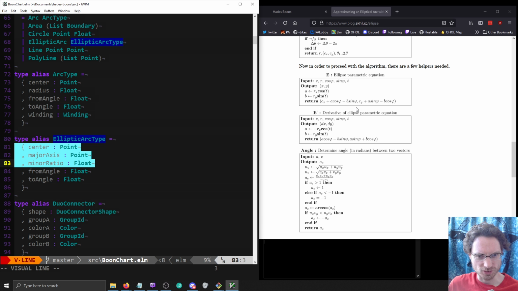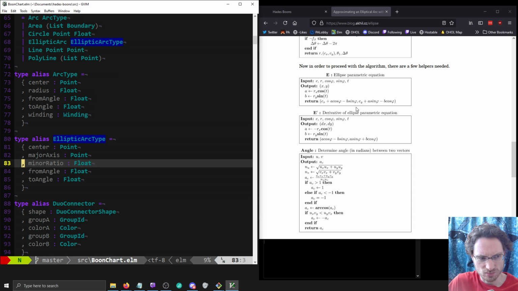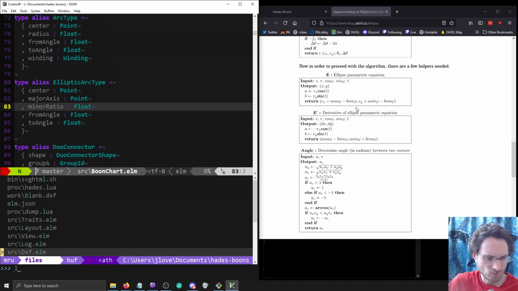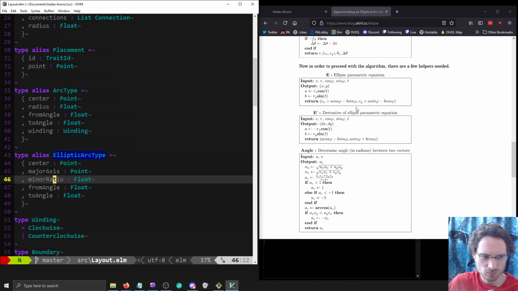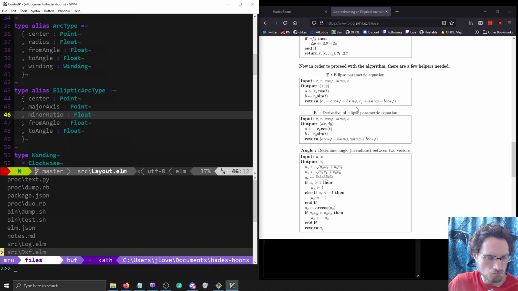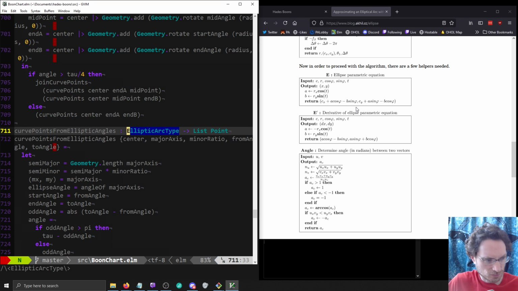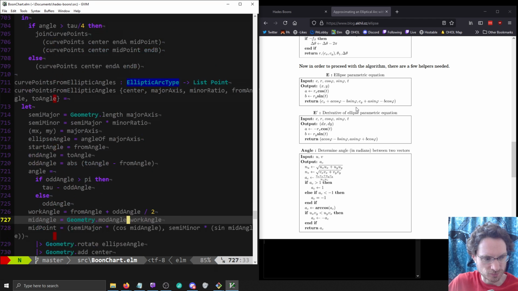Even this is not semi-major, semi-minor axis. This is major axis, minor ratio, because that's how we received it. Wait. Was I just thinking about changing that between these two? I thought I actually did change it. Or maybe I put that off till later. Yeah, and then we calculate this stuff.